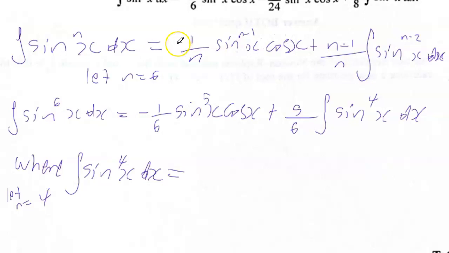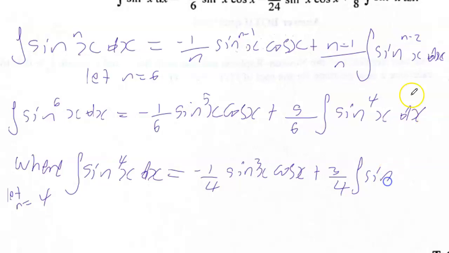So negative a quarter, sine to the power of 4 minus 1, that's 3, cos x, plus 4 minus 1 over 4, so that's 3 quarter, times the integral of sine to the power 4 minus 2, that's sine square x dx.